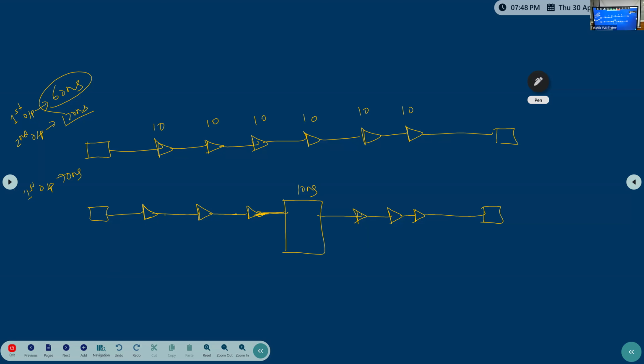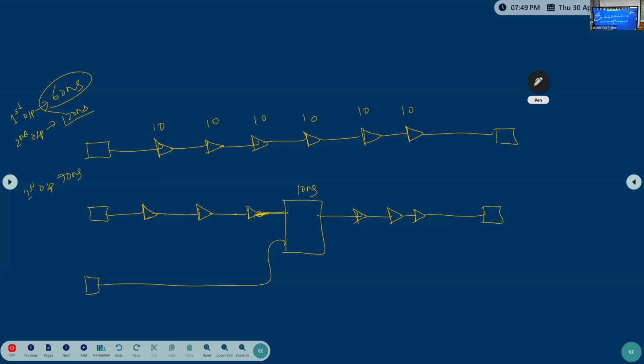Next output, when will it get? This will be connected to clock. Next output, when will it get? 100. How 100? It should be 140, right?